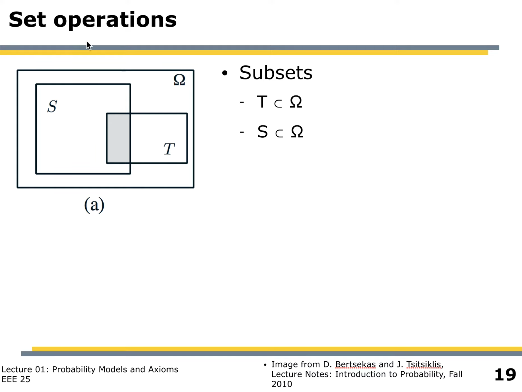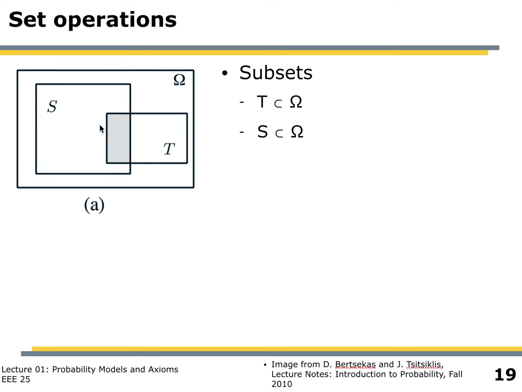This one is a Venn diagram involving the universal set. This universal set is this big rectangle right here, and here you see the notation for the universal set. Inside that universal set are two subsets, set S and then set T. The mathematical representation or notation for that is these two statements right here.